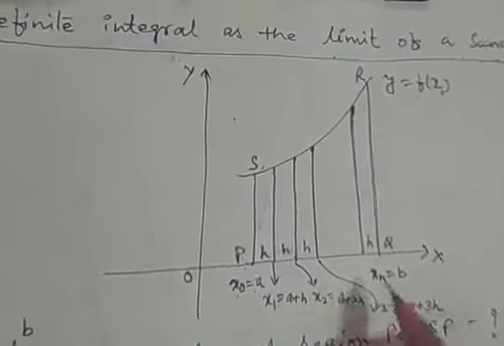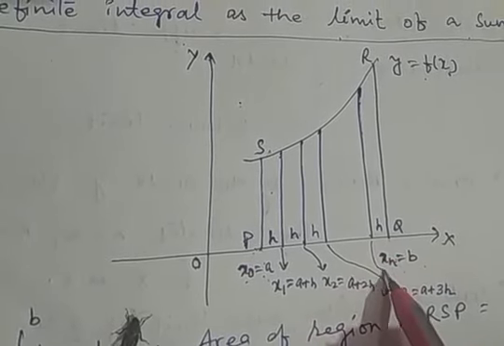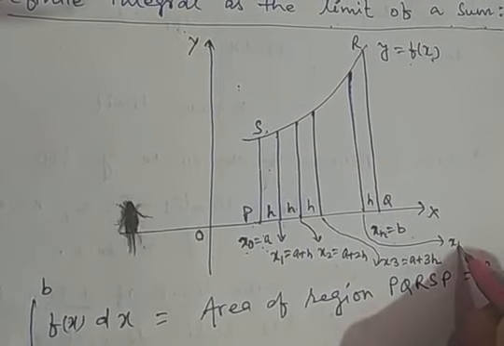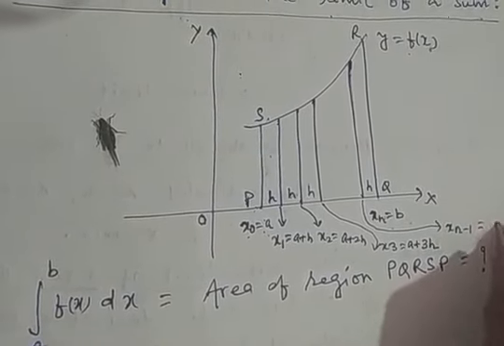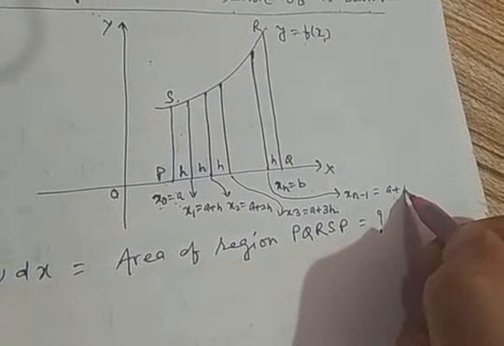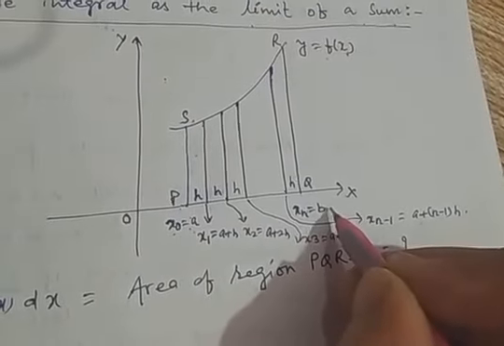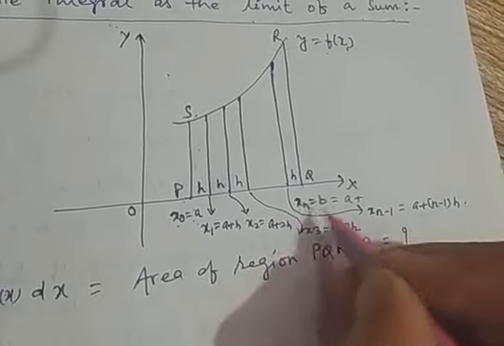Now similarly, x(n minus 1) is equal to a plus (n minus 1) times h. Therefore b is equal to a plus nh.